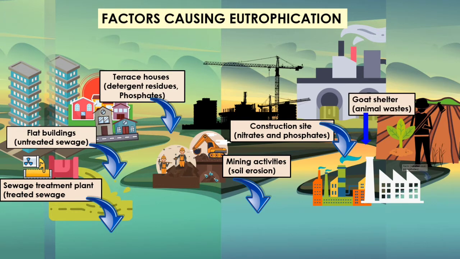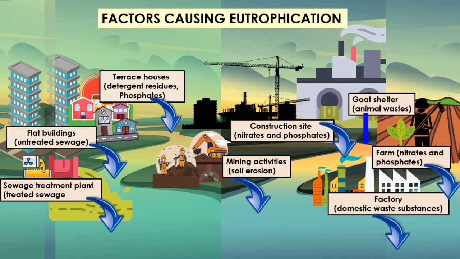Farm: nitrate and phosphate. So these are all the activities that cause the increase of nitrate and phosphate that cause eutrophication. And the last one, the factory. Okay, domestic waste substances from the factory can also be a factor causing eutrophication.